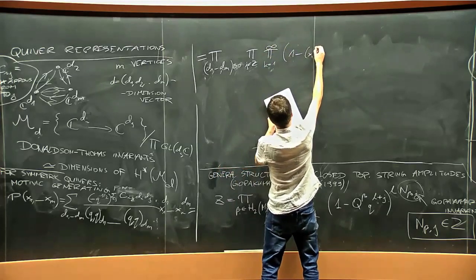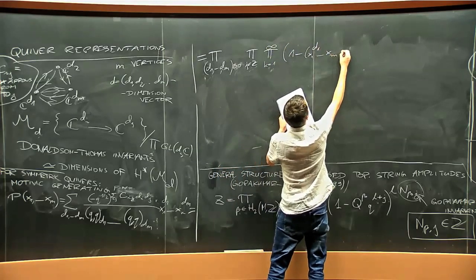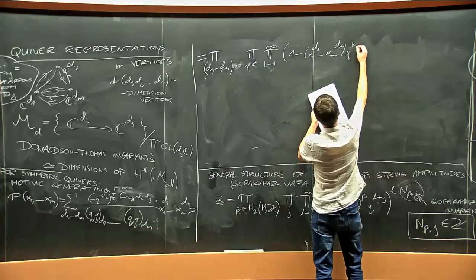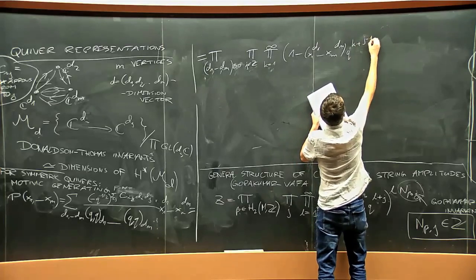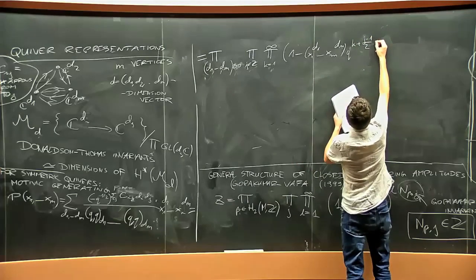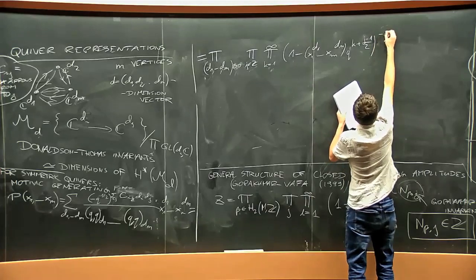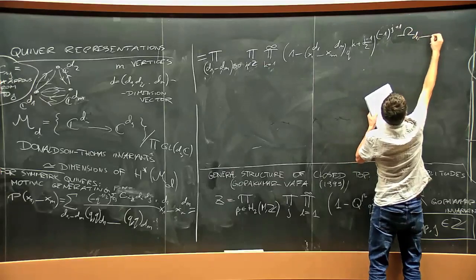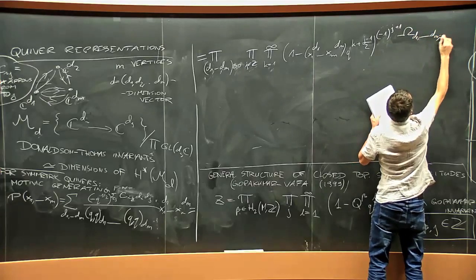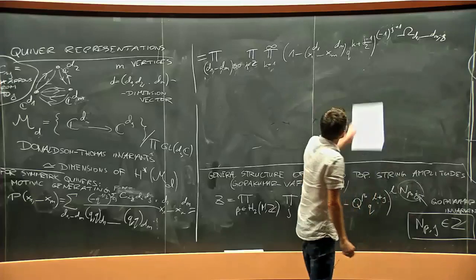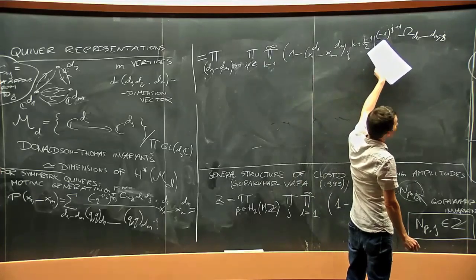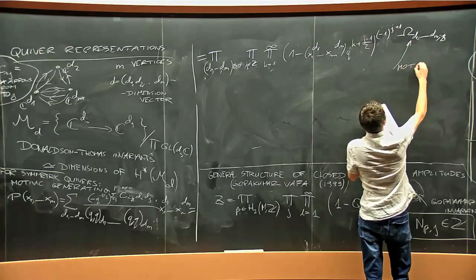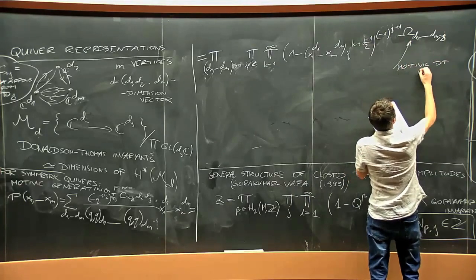Now we have this set of generating parameters, q to power (k plus j minus 1) divided by 2. And this is raised to a power, the power is -1 or +1, and then times this number, which is called the motivic DT invariant.